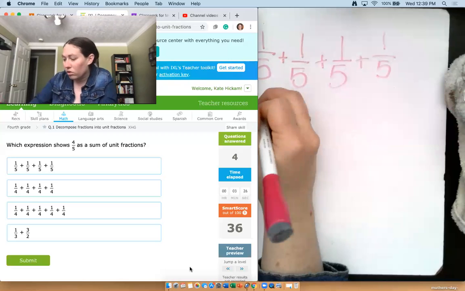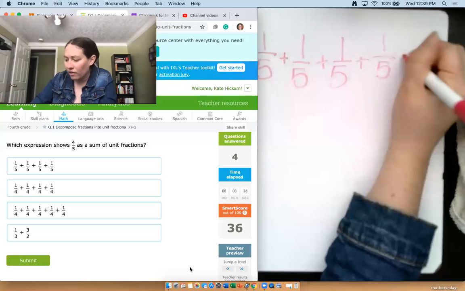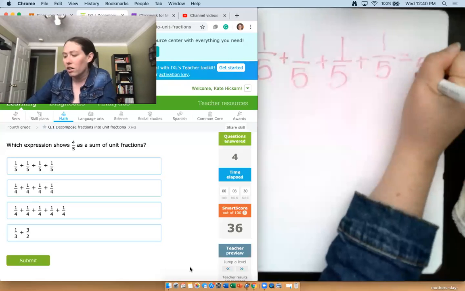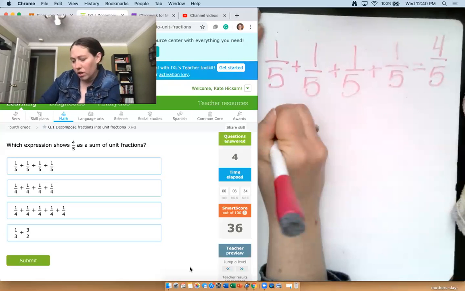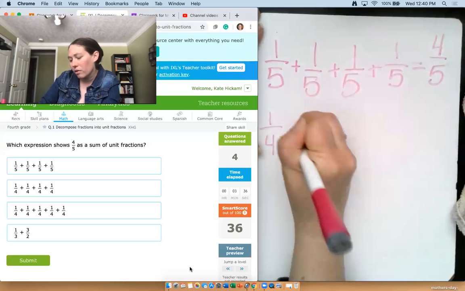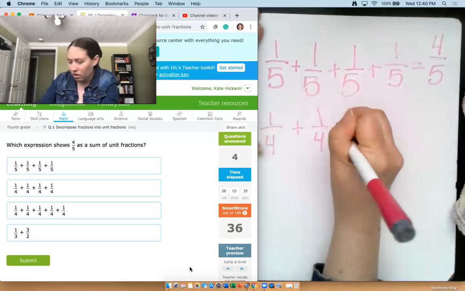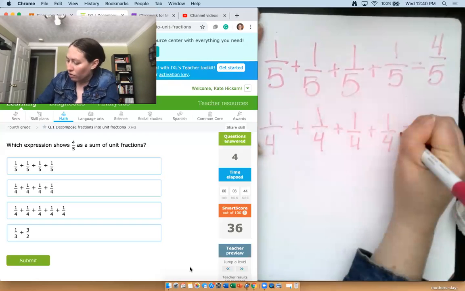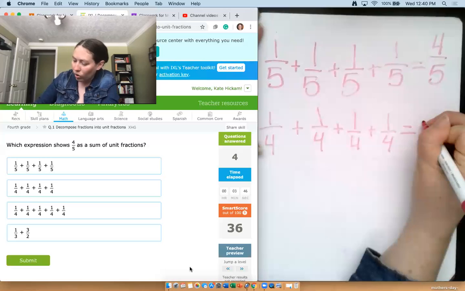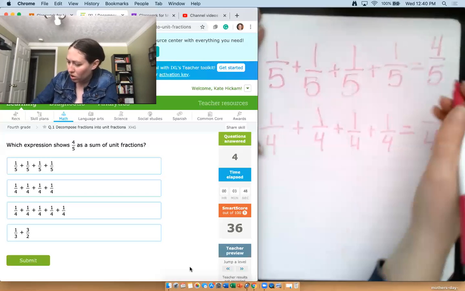Which would equal, I'm just going to solve it now, 5 on bottom and 4 on top. Then I have 1/4 plus 1/4 plus 1/4 plus 1/4. 4 is my denominator, and my 1, 2, 3, 4.